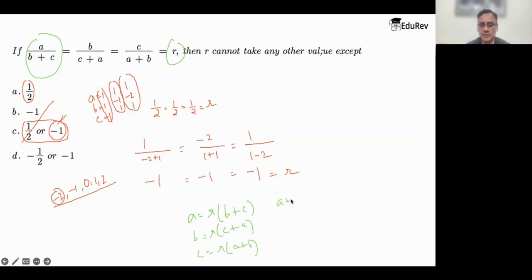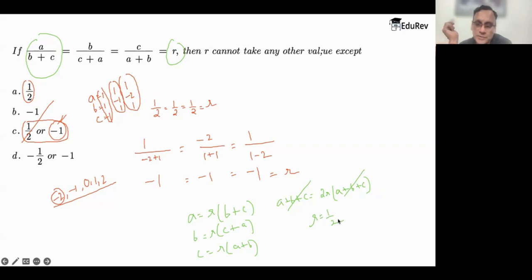You get A plus B plus C on the left-hand side is equal to 2R times A plus B plus C on the right-hand side. Right? A plus B plus C gets cancelled. So you get R is equal to half. So this way also you will get R is equal to half. Okay. But R is equal to -1 you will not get. For that, we'll have to fit in some values and then check.